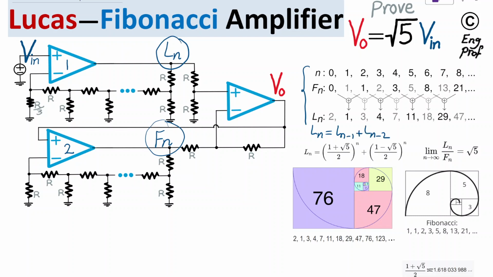That is very similar to how the Fibonacci number generator works. The closed-form formula for Lucas number n is also proven to follow this formula, in which (1 plus rad 5) over 2 is the famous golden ratio, and this is the conjugate golden ratio here.